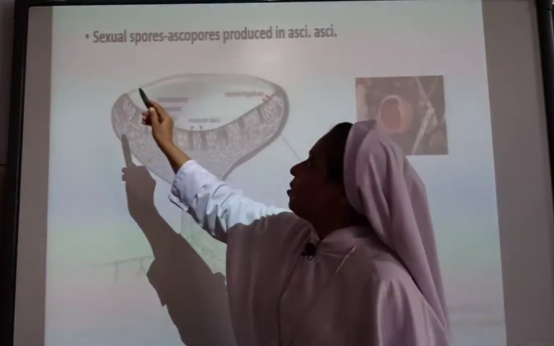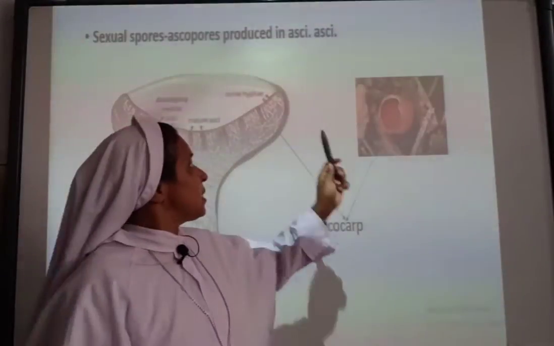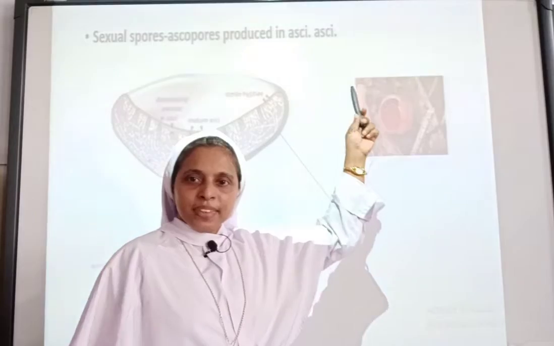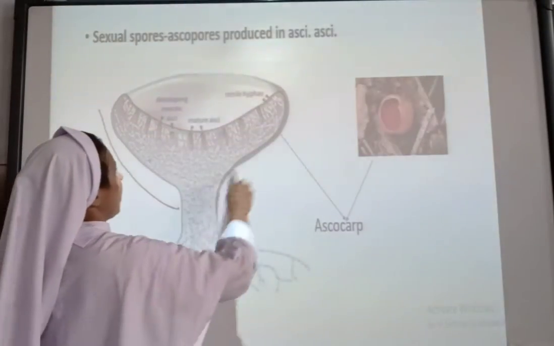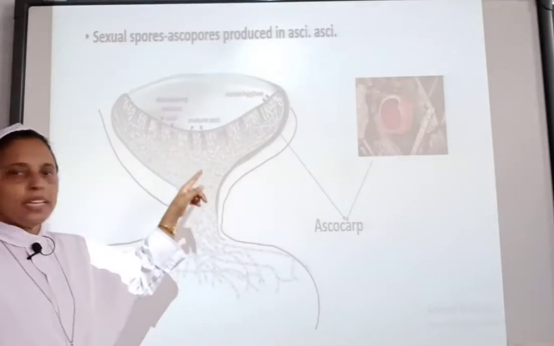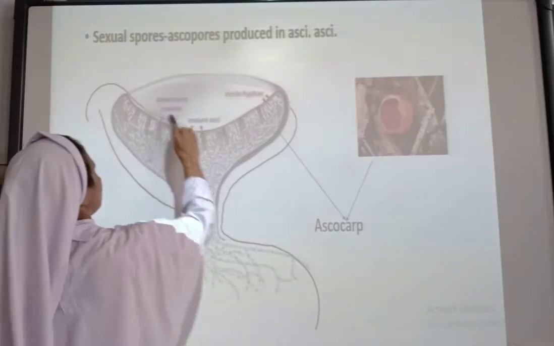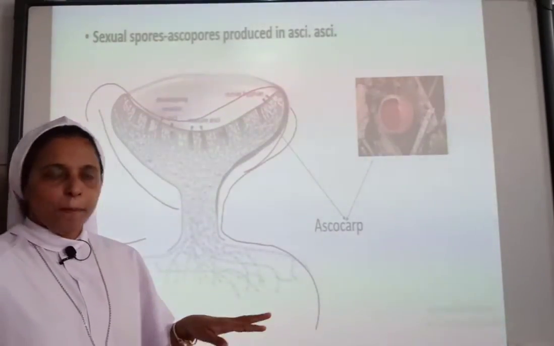Then the sexual spores are ascospores. As I have told you, they are produced in a sac-like structure. You can see the sac-like structure here. That's why it is termed ascomycetes.